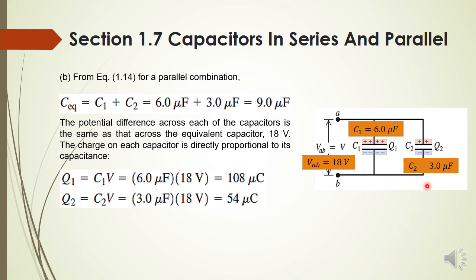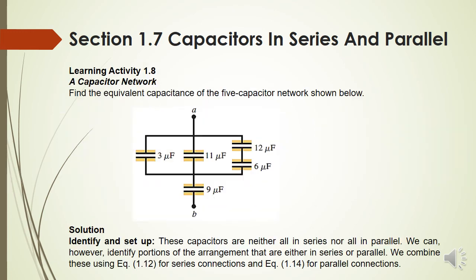Meaning, Q1 is equal to C1 times V. So, Q1 is equal to 6 microfarad times 18 volts, that is equal to 108 microcoulomb. For Q2 is equal to C2 times 18 volts, and that's 54 microcoulomb.